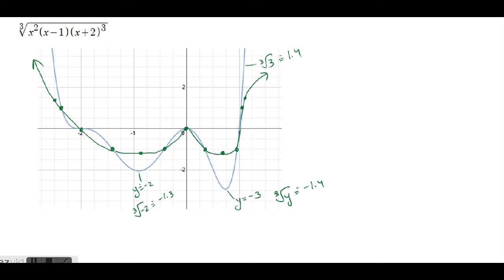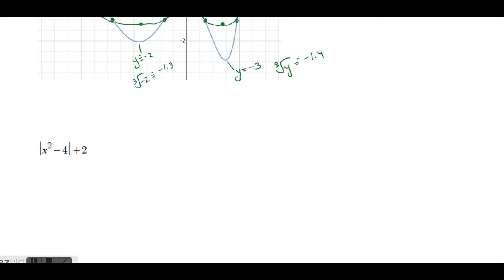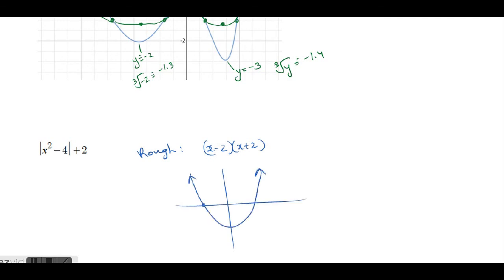Lastly, I don't want you to forget how transformations affect a graph. For this particular example, let's do some rough work before we do the full graph. We have a polynomial inside of an absolute value. The polynomial inside the absolute value could be factored, so it's a quadratic. This quadratic has zeros at -2 and +2.